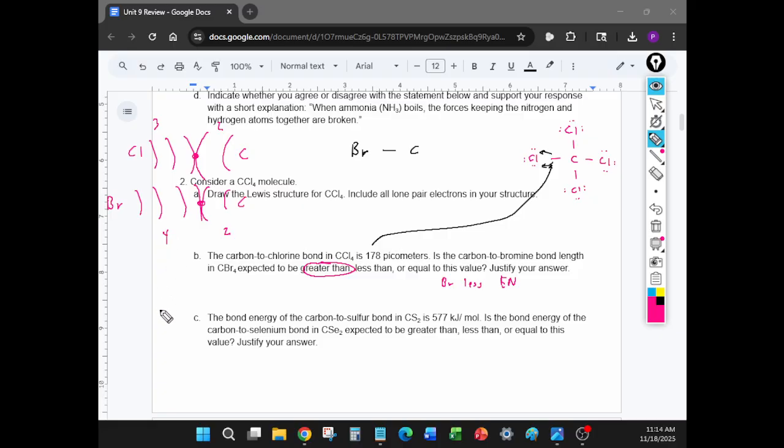Bromine's just bigger, so it's going to have a longer bond length. Okay, so those are the two explanations that you can give. Bromine is less electronegative, which lengthens the bond. Bromine is also bigger, so it's going to lengthen the bond. Yeah, I think shells is the easier way to look at this.